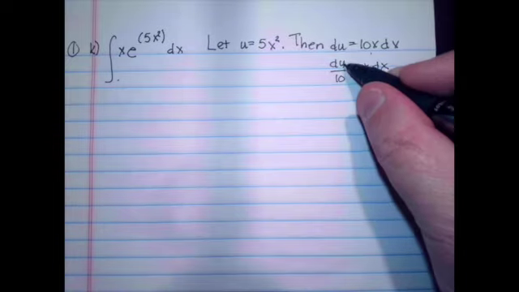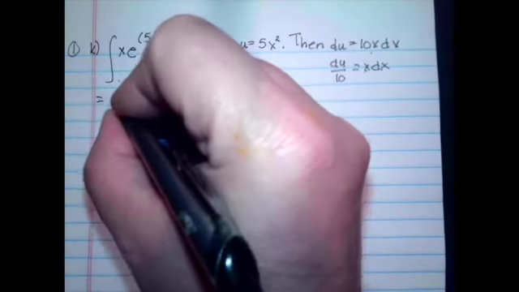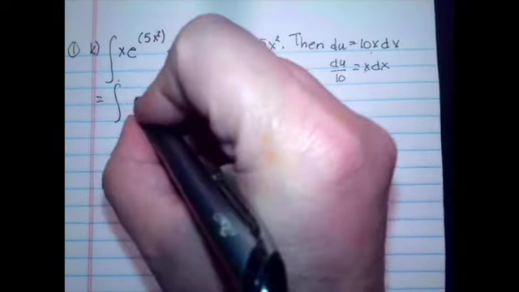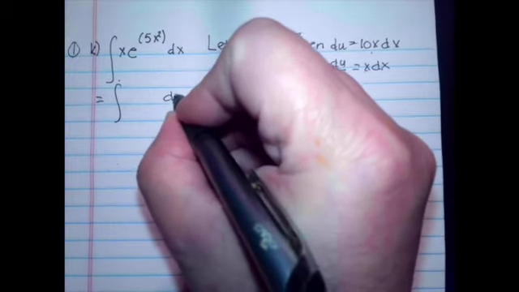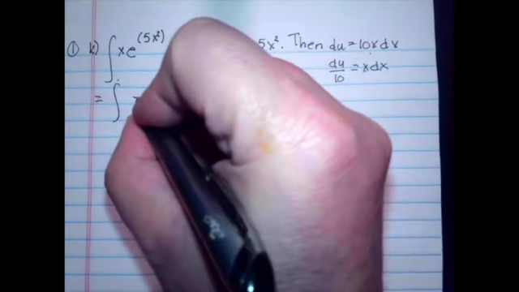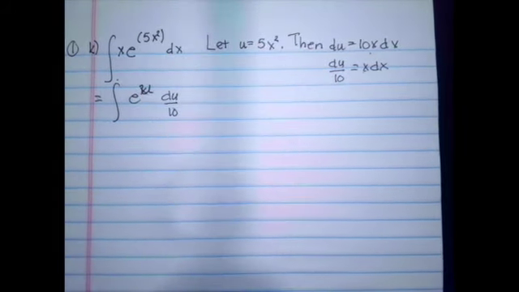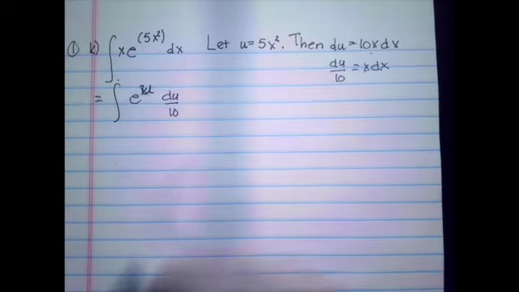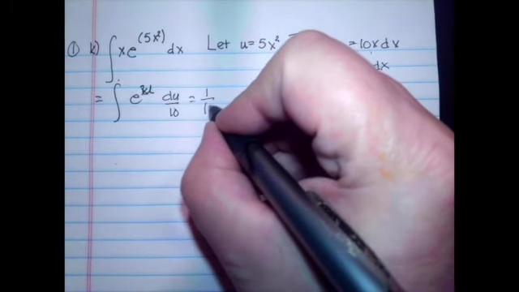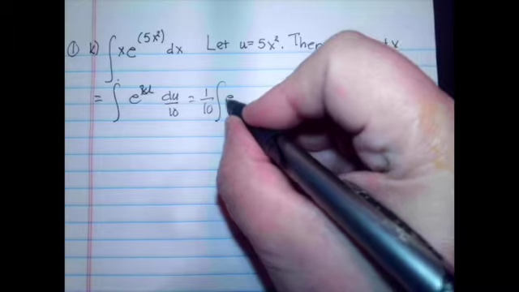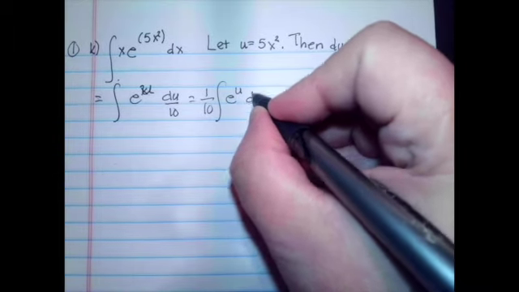x times dx is du over 10. So we have the integral of e to the u du over 10. I'll pull the 1/10 out to the front and write this a bit more neatly.